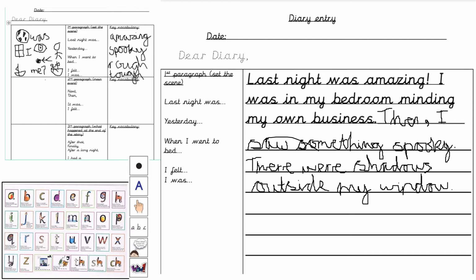I would then go on, carrying on with my plan, following my little pictures and my key words to help me finish my first paragraph. So the next part would be, I saw a pirate ship and some little pirates looking rough and tough.